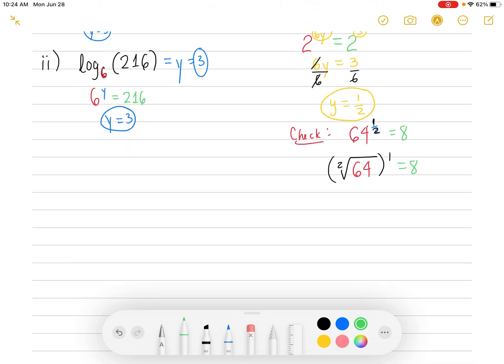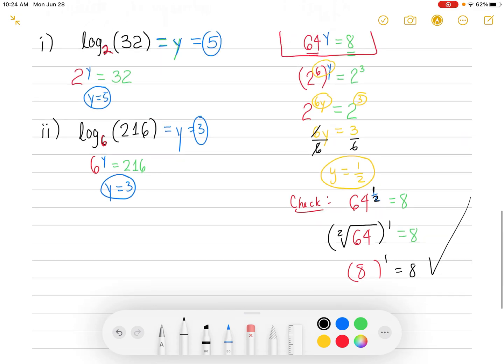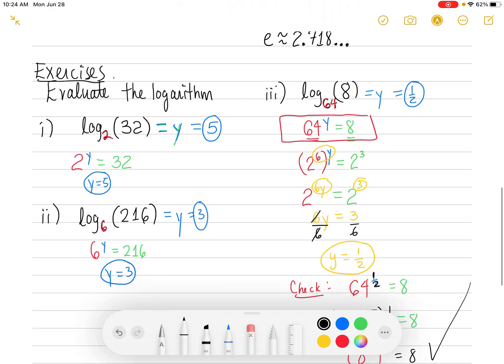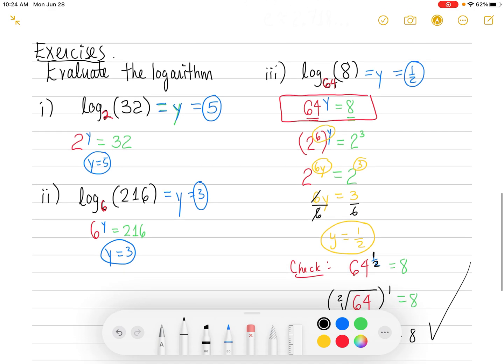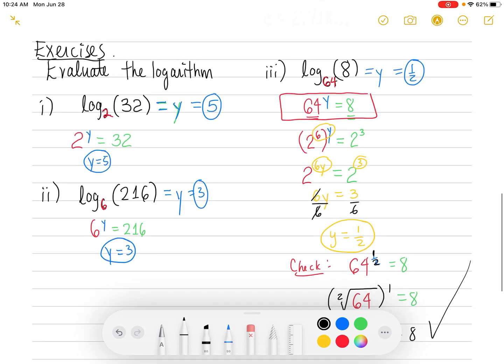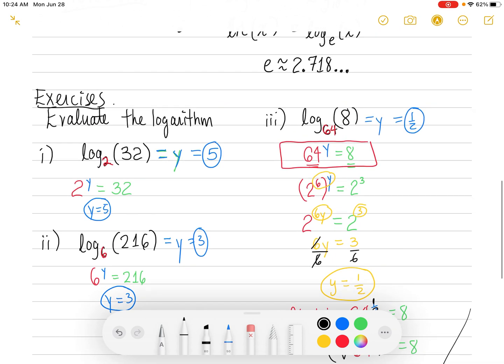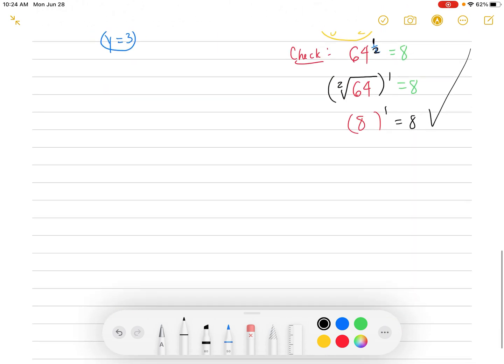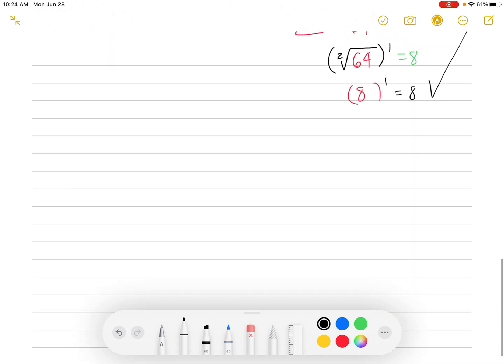Then you're going to put parentheses around that, and then you're going to take the numerator of the exponent, 1, and raise it to the 1 power. Is that equal to 8? Well, let's see. You take the square root of 64, which is 8, and you raise that to the 1 power, and that's 8. So yeah, it checks out. You don't have to check your work, but sometimes it's useful, especially if you're just beginning to understand these fractional exponents.